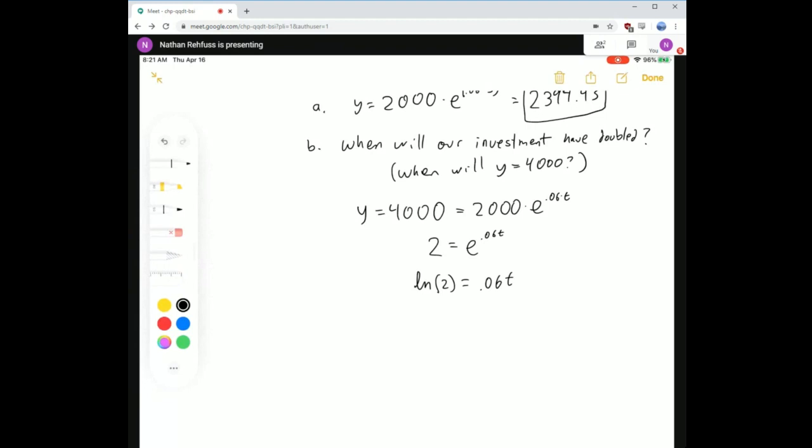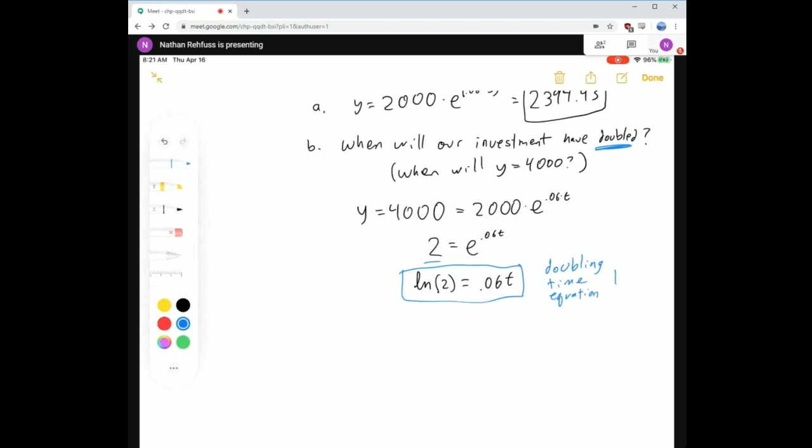Now, to answer the question, when will the investment have doubled specifically, that doubling is where this 2 is coming from. So as a matter of fact, this step is always where we're going to be at on step 3 of this problem. So if you'd like to take a big shortcut, you could start here and call it the doubling time equation.